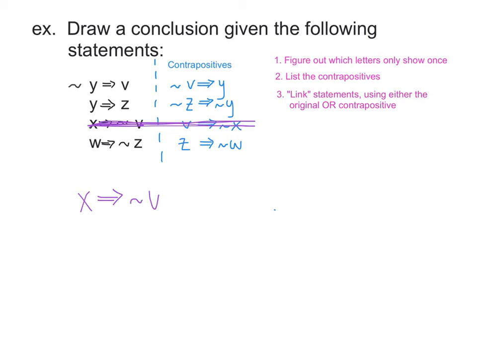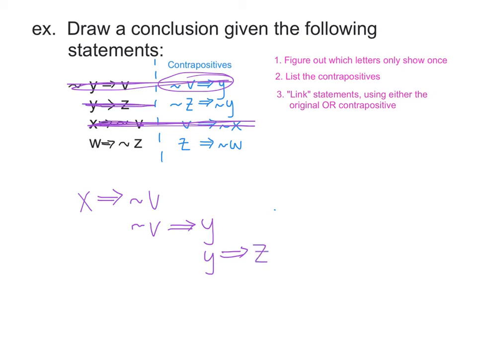So now I need a statement that's going to start with the right side, which is not V. Not V implies, oh gosh, here it is, statement 1. On the right side here, it said not V implies Y. So now I'm going to link that to another statement. I'm going to say Y implies, and I have to figure out of my 2 statements that are left, my 2 options, the second line says Y implies Z right here.